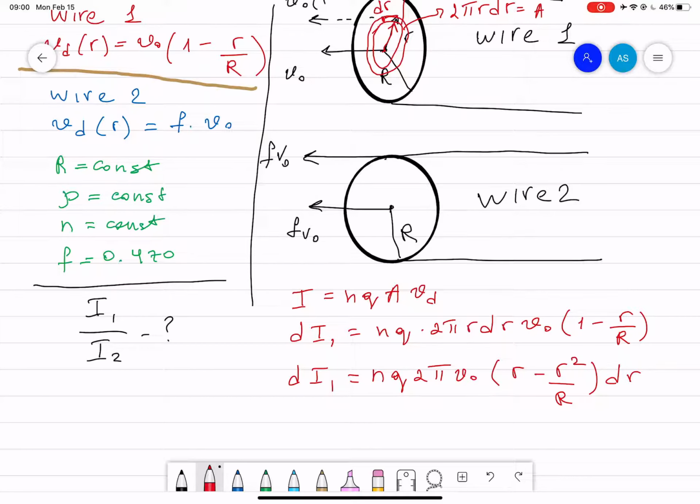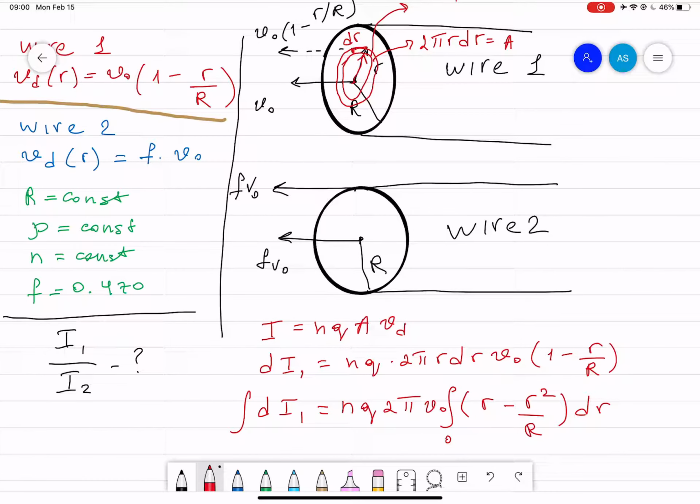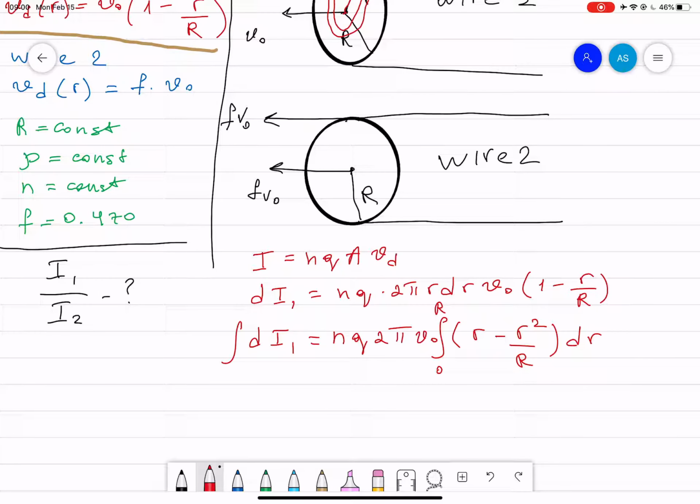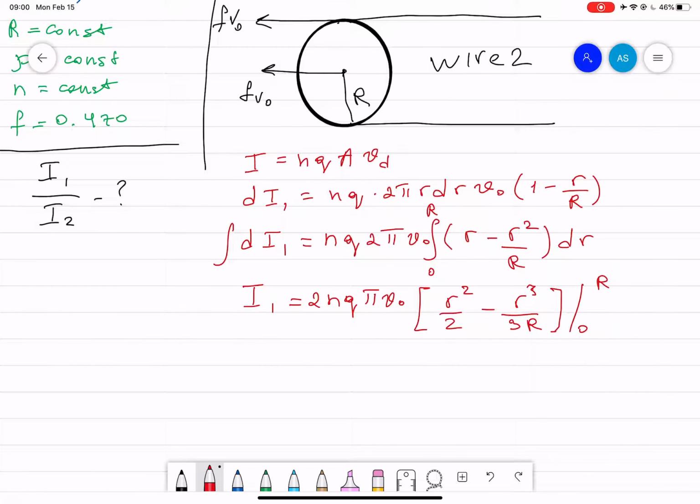Then we can integrate both sides. The limits will be from 0 to capital R. So we get current 1 is equal to nq pi v0 times r squared over 2 minus r cubed over 3R, with the limits from 0 to R. Then we get 2nq pi v initial.